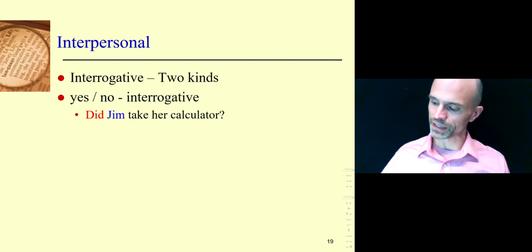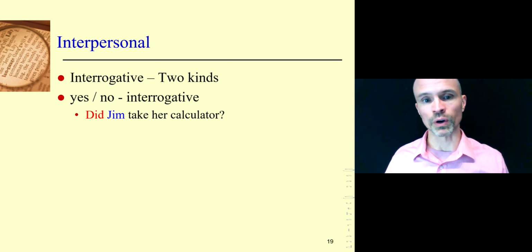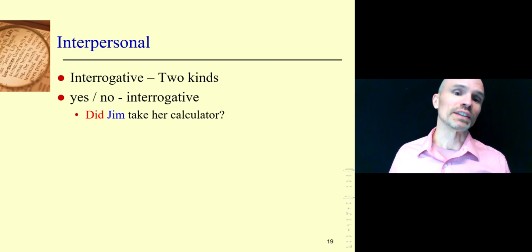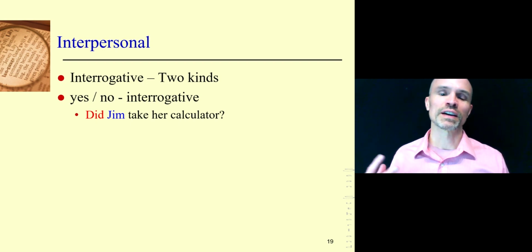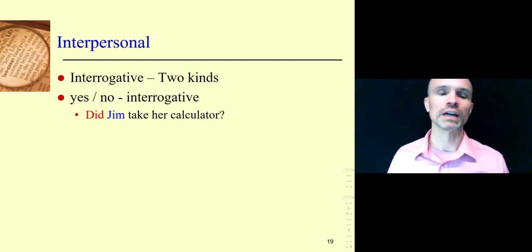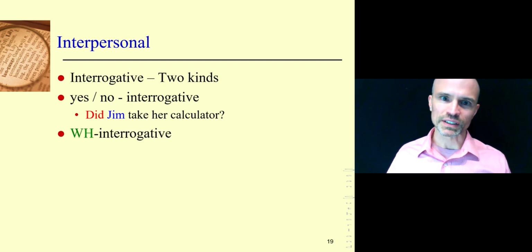Your answers are yes or no, or of course you can say I don't know or maybe. But it's called a yes or no question, a yes or no interrogative, because the expected answer is a yes or a no. I'm asking you about the polarity, positive or negative. Positive, yes, negative, no. Did Jim take her calculator, yes or no? We do have the other kind of question with the WH at the start, right?